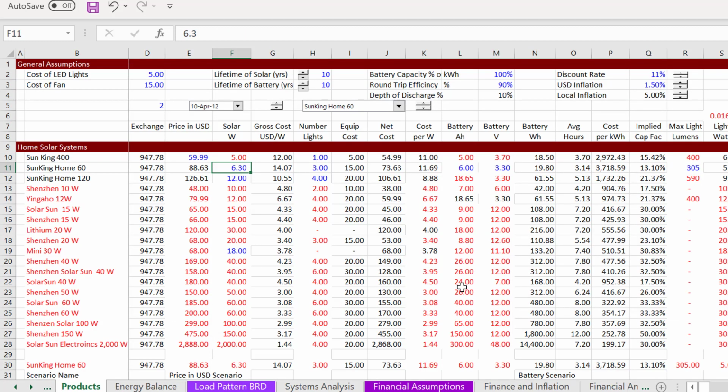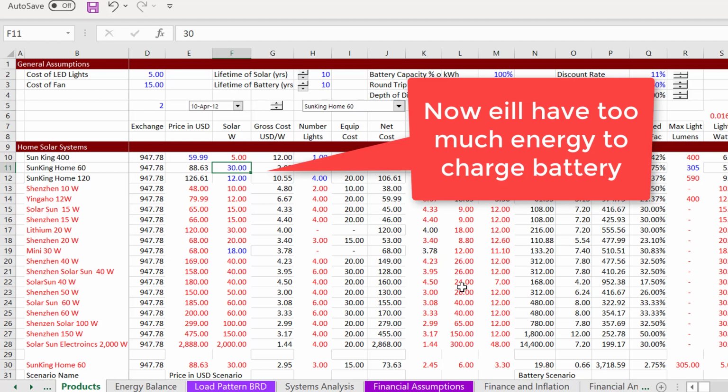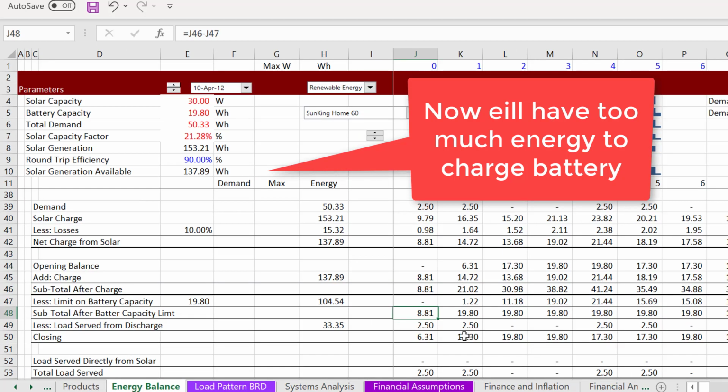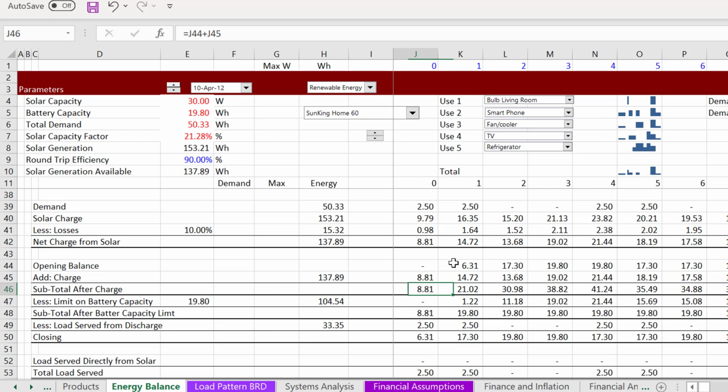So here I have a blue number. Let's say that we have a massive amount of solar capacity compared to the battery. It's totally possible. We just have a few more panels. In this case, we have all of this solar capacity, and then we reach a limit. Up here, we say this is the amount we can charge our battery, and then we put a limit, and our limit is this minus this.